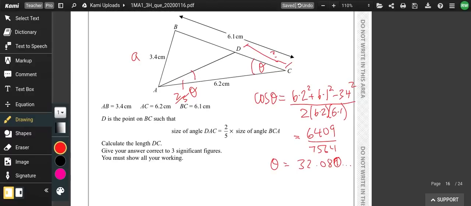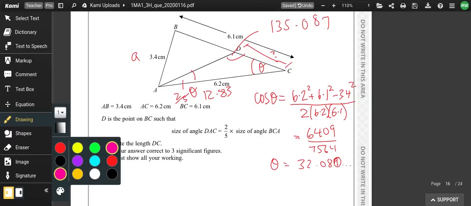This angle in here is 2/5 of theta, so I'm going to times that by 2/5 to get this one here of 12.83. Then I can find this angle in here by adding that to our original answer and taking that away from 180, which gives 135.087. So store that in the memory as well. Now that we have all of those angles, we can find out DC because we can use the sine rule here.